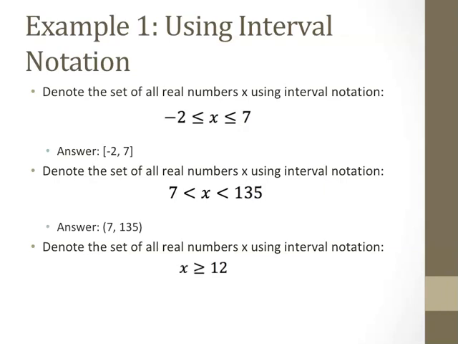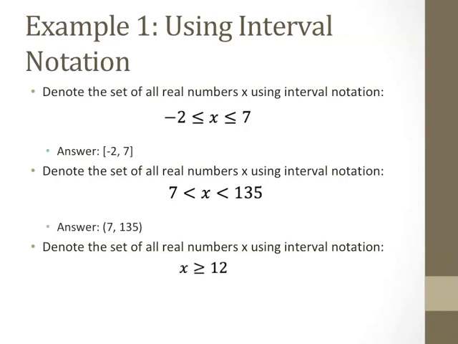Last one, denote the set of all real numbers x using interval notation. So x is greater than or equal to 12. Now in this case, you see how we don't have two real numbers that are given to us. But x can be anything starting at 12, and it also can be anything greater than 12. How far up does it go?